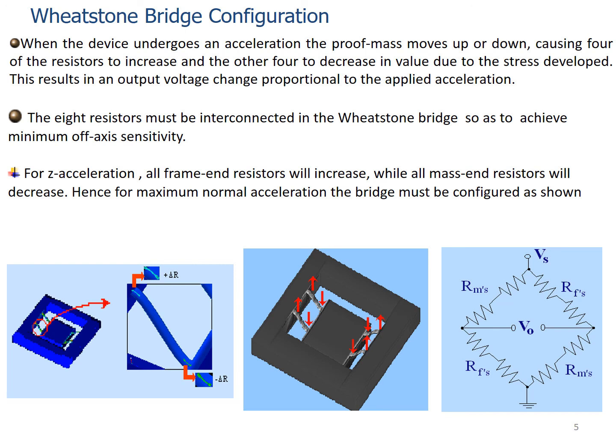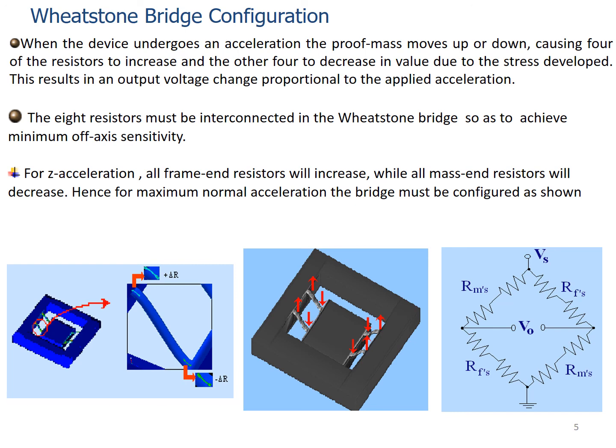Fine. So this is the Wheatstone bridge configuration for the piezoresistive type accelerometer, which will give you the voltage output, and that voltage output will be a function of the applied input acceleration. And by measuring the output voltage of the bridge, we can measure the unknown acceleration. Fine. Is it okay? That was the basic working principle of the piezoresistive accelerometer along with its Wheatstone bridge configuration.